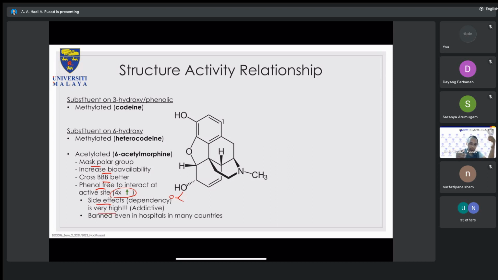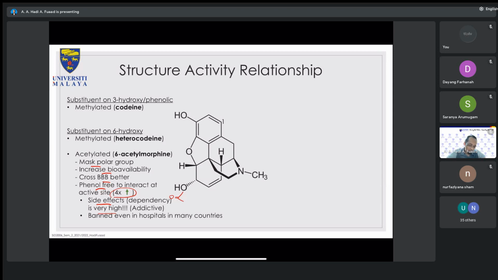It was reported that the addiction is very high, and therefore it is actually even banned in hospitals. Like morphine, yes, there can be addiction, but it is still legal. So hospitals are still using morphine, even though nowadays there are neuromorphines and whatnot, different types of morphine that are less addictive. But nonetheless, morphine is still used. But 6-acetylmorphine is actually being banned altogether, primarily due to this side effect.